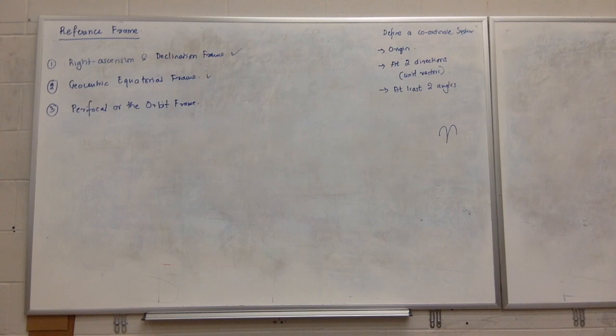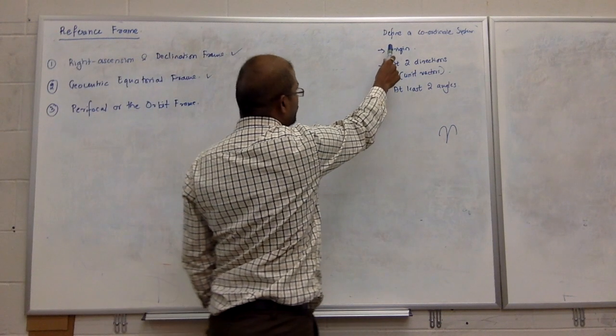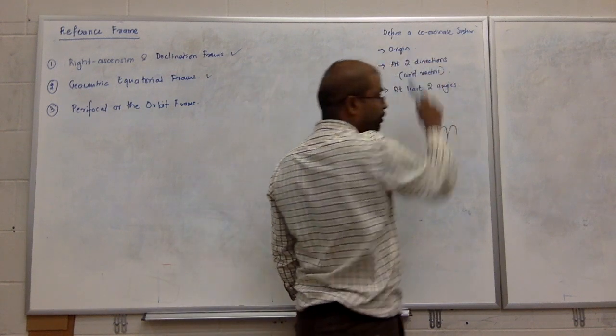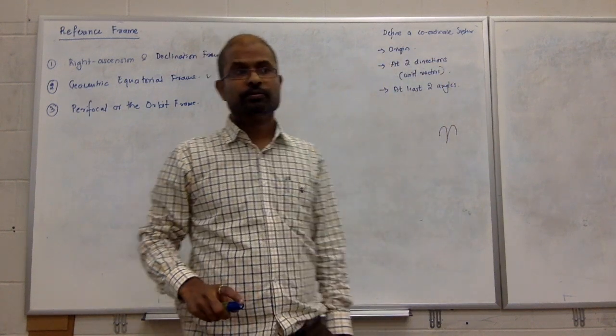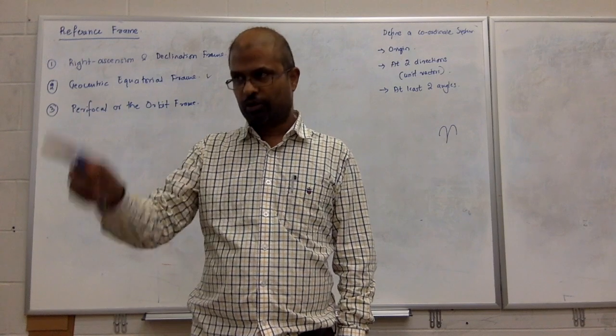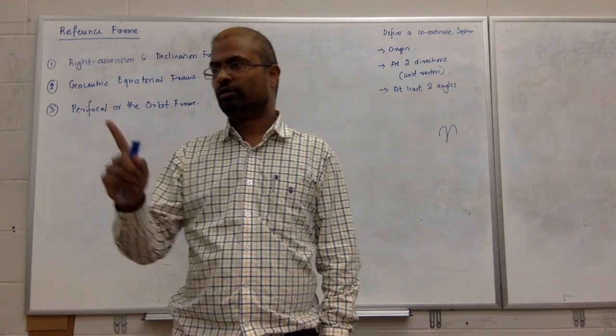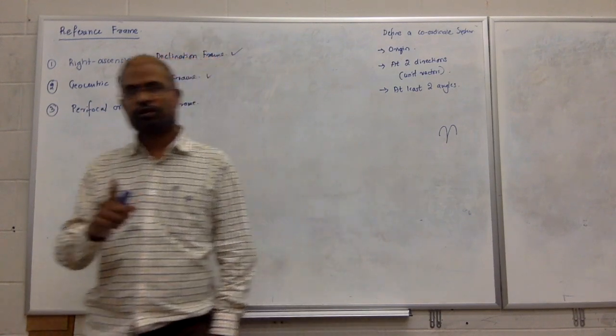Vernal equinox. We define this as the x-axis of the geocentric equatorial frame. How do we define a coordinate system? What is the origin for both of them? The origin is the focus.